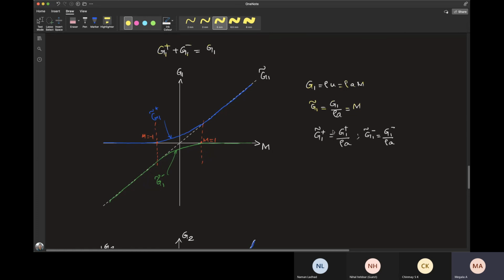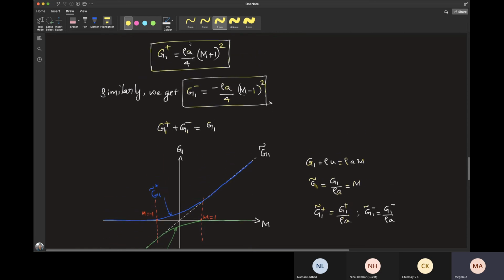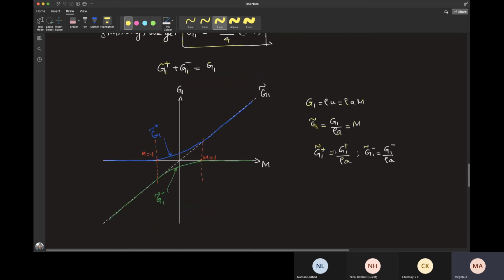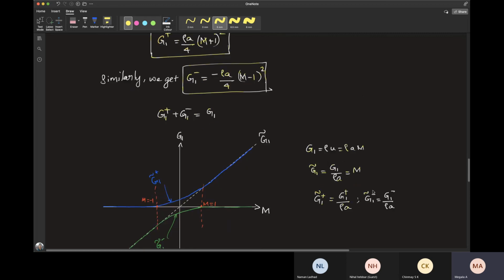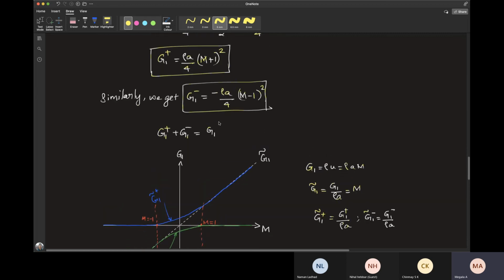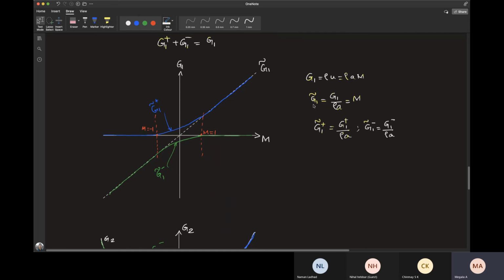Similarly, G1 tilde plus will become G1 plus by rho a, and G1 tilde minus will become G1 minus by rho a. We are obtaining G1 tilde plus and G1 tilde minus from these two quantities. Now let us plot these things. M in the x-axis and G1 tilde in the y-axis, and G1 tilde is now the 45-degree line that we have obtained.